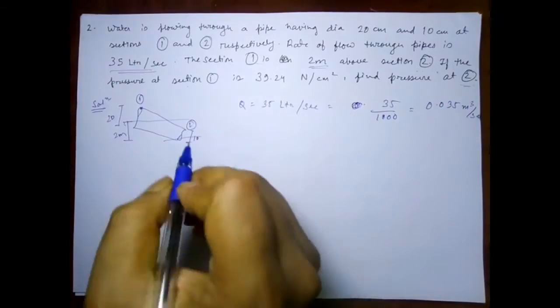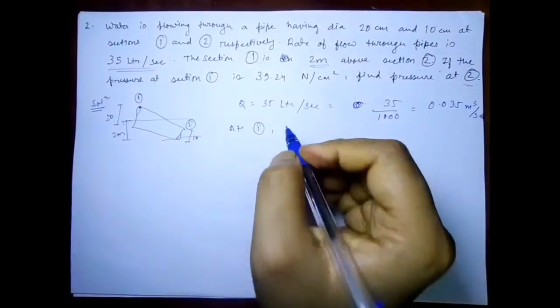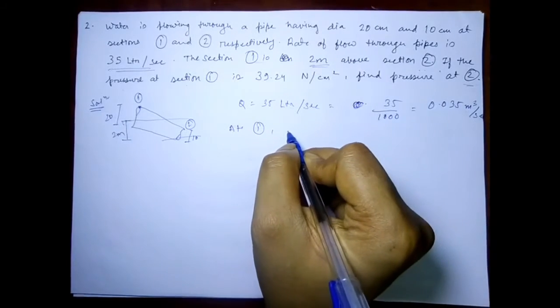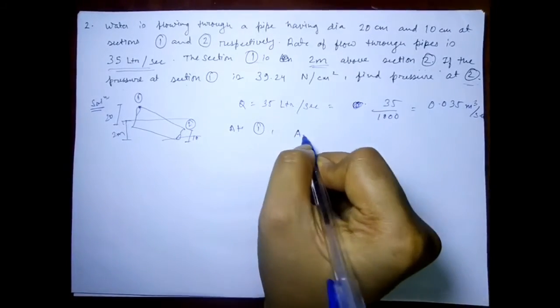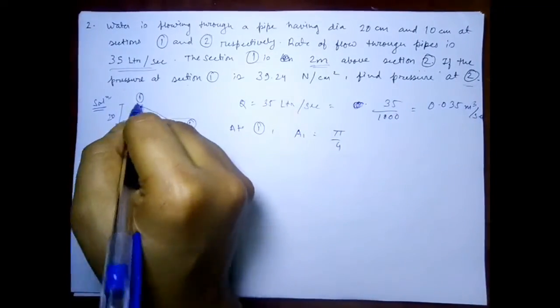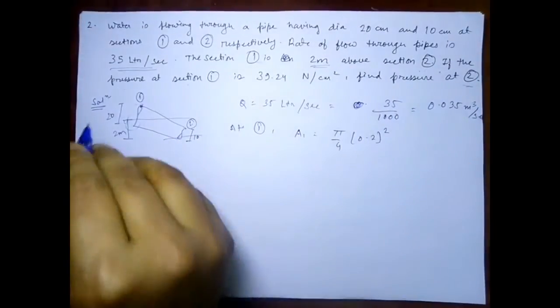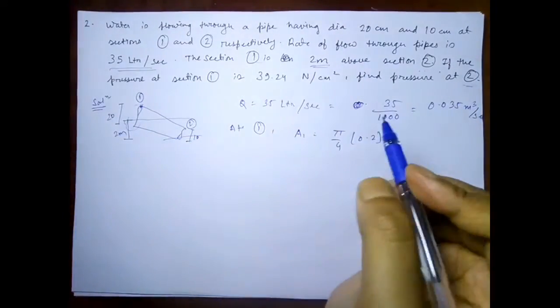So now at section 1, A1 will be equal to pi by 4 times the diameter at section 1, that is 0.2 meters. 20 centimeter is equal to 0.2 meters.